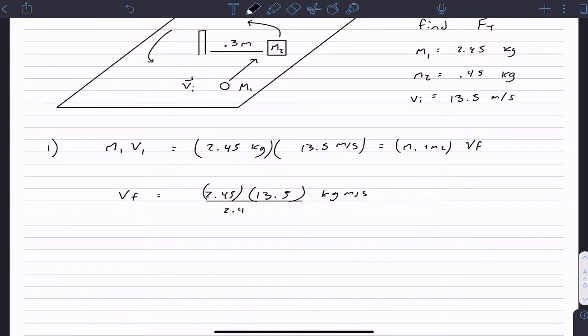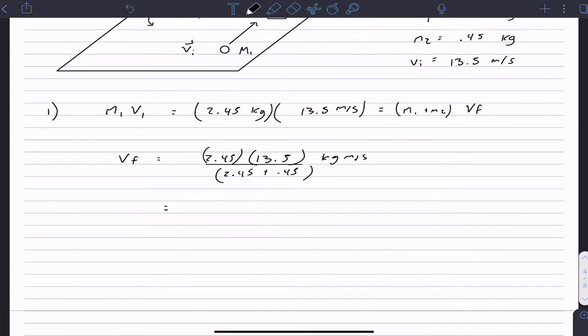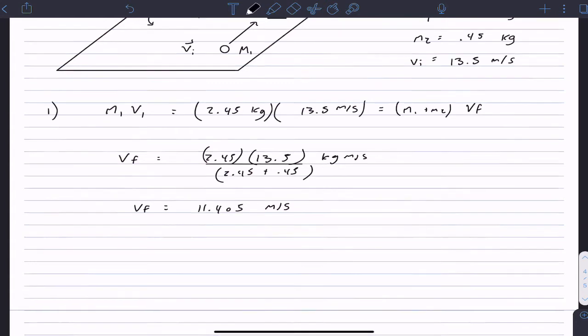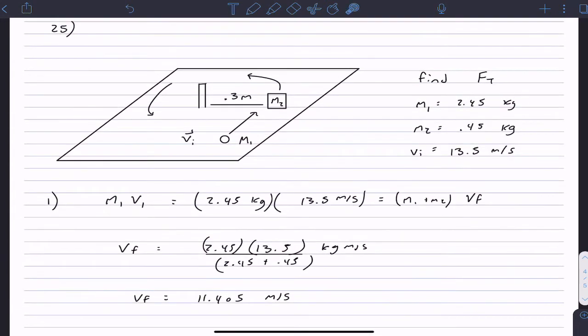So it's 2.45 plus 0.45, which equals 11.405 meters per second. So that's useful. All I did was use conservation of momentum: this hits this and sticks together.